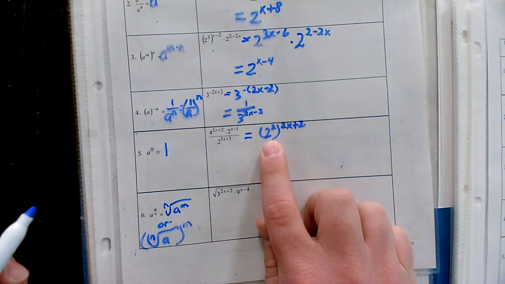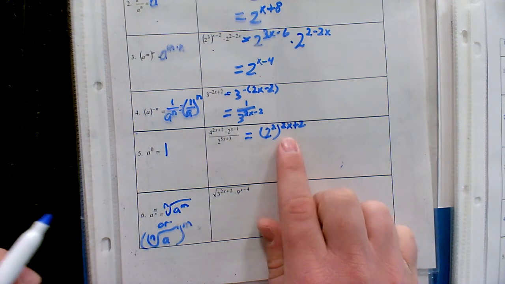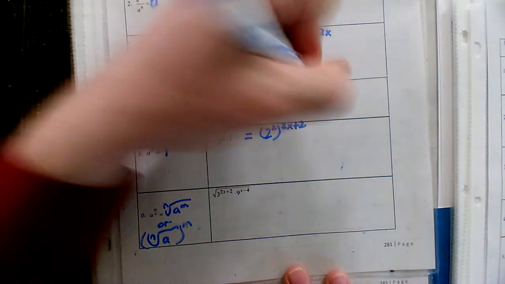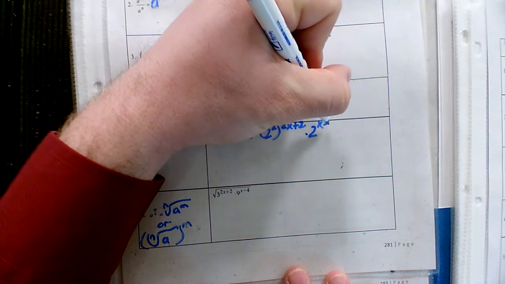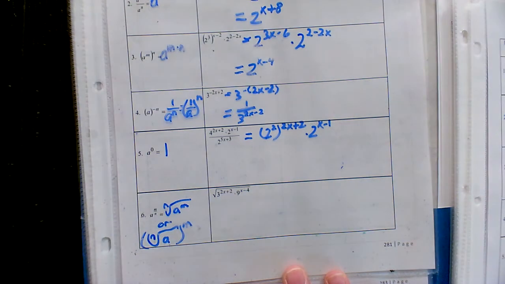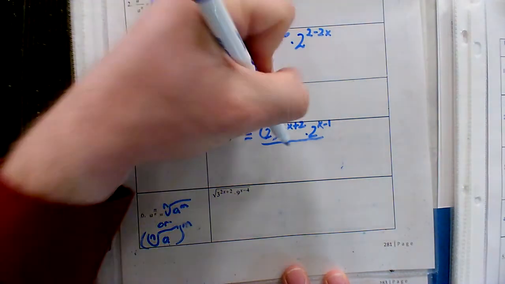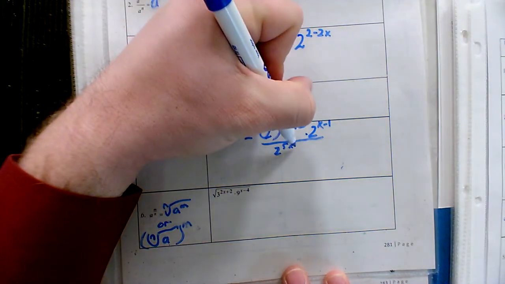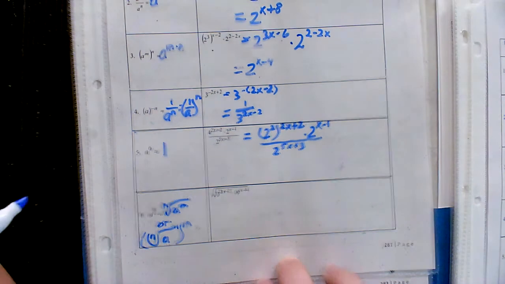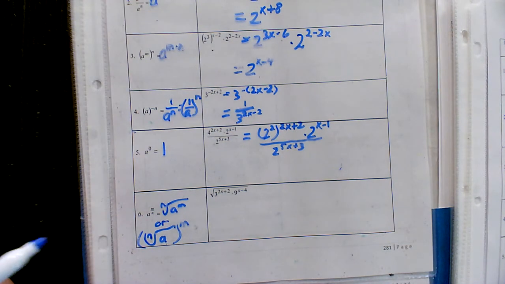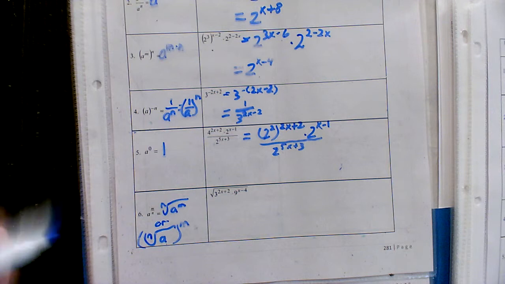So we have 2 squared to the 2x plus 2 times 2 to the x minus 1, sorry. Thank you. All divided by 2 to the 5x plus 3. Now we have like bases, we can use all of our rules.